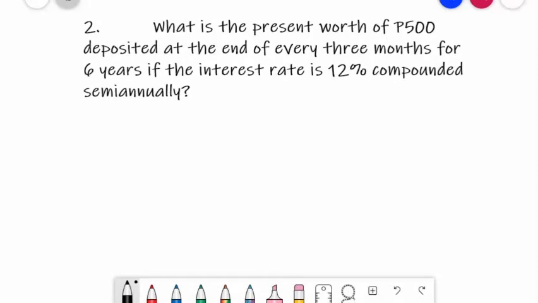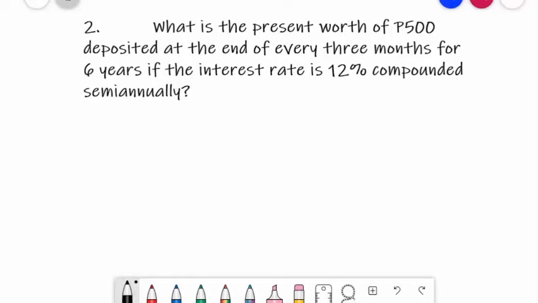So next problem. What is the present worth of 500 pesos deposited at the end of every 3 months for 6 years if the interest rate is 12% compounded semi-annually? So here, as you can see, hindi pareho yung compounding period niya.